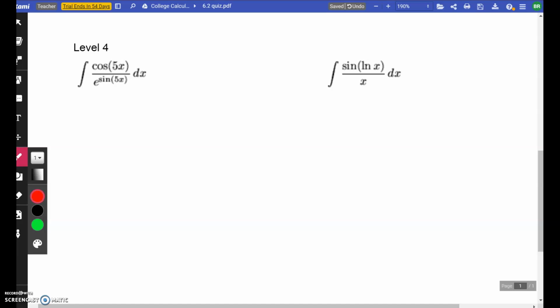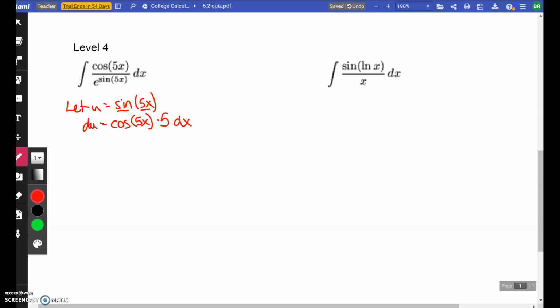We're looking for what u would be. Since it's e to something, I'm going to try to let u equal sine of 5x. So du, notice I've got an outside and inside function, so we're going to have to use the chain rule. The derivative of sine is cosine, leaving the inside alone, times the derivative of the inside, with the dx there.